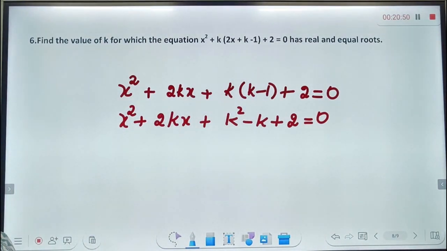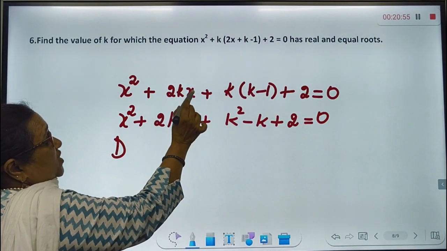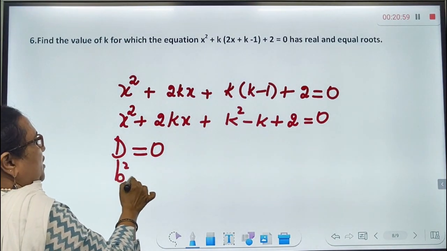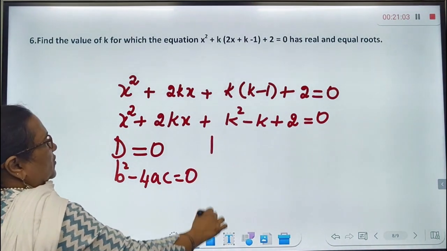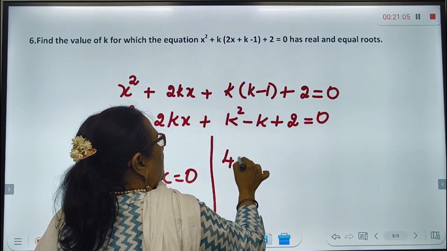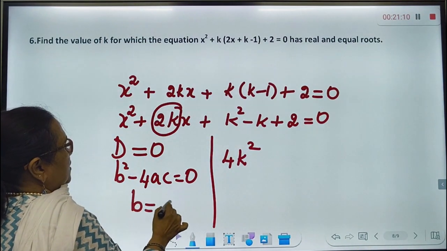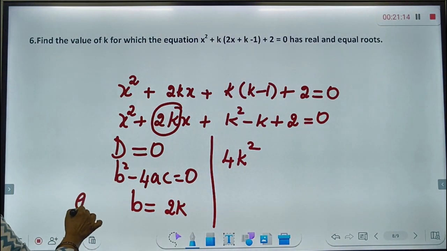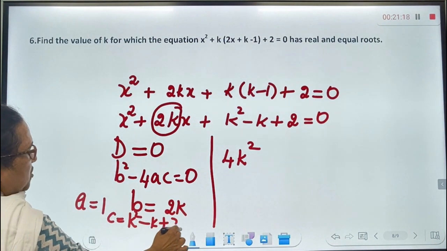What is known about the quadratic equation? D is real and the quadratic equation has real and equal roots, so discriminant is 0. So b square minus 4ac is 0, which means 4k square. 2k is my b. What is b? b is 2k. Okay, a is 1. What is c? k square minus k plus 2.